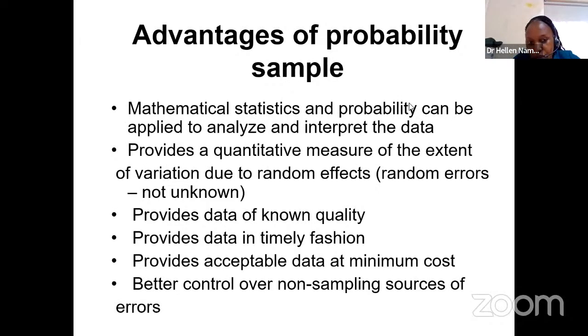At the same time, the results can easily be analyzed and interpreted, especially now that we know, for example, the margin of error, whereby its cutoff point is ±5. So you can easily interpret such results within your analysis, and be able to communicate to a layperson or to an audience that is not so much into statistics. So that is the advantage of probability sampling.